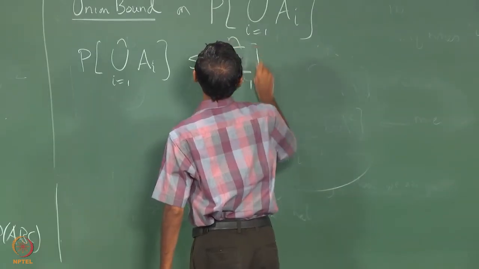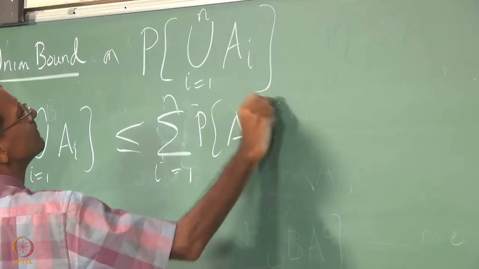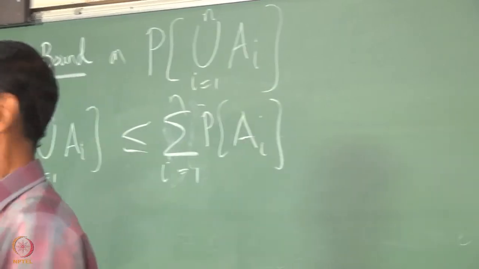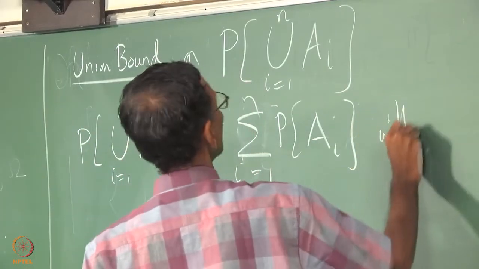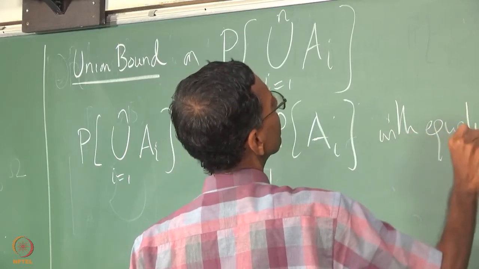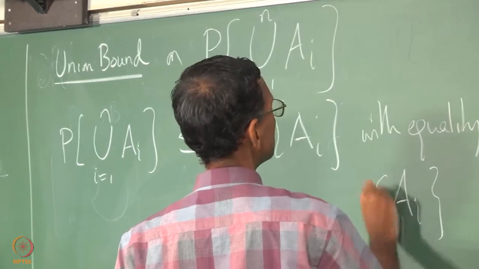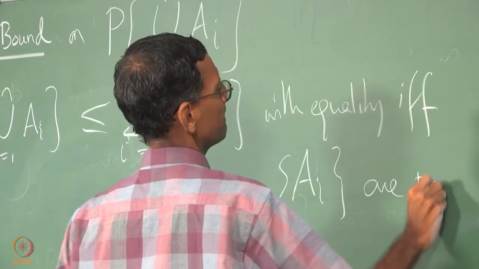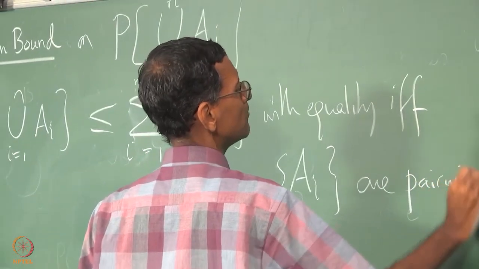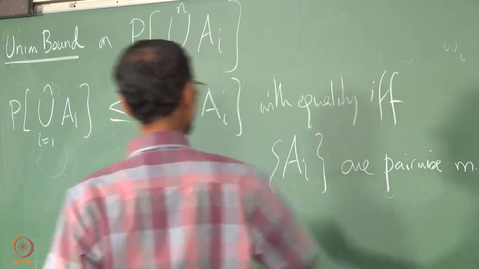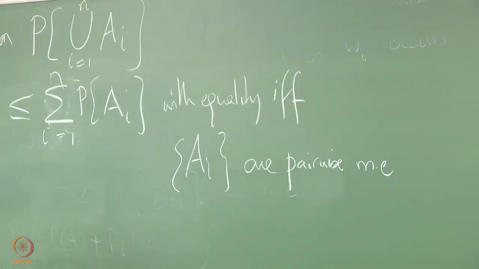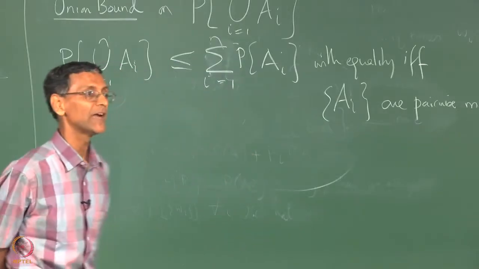With equality, if and only if what? The A_i are pairwise exclusive. That is, any two events in this collection must be mutually exclusive. Every pair of events that you pick from the A_i must be exclusive.